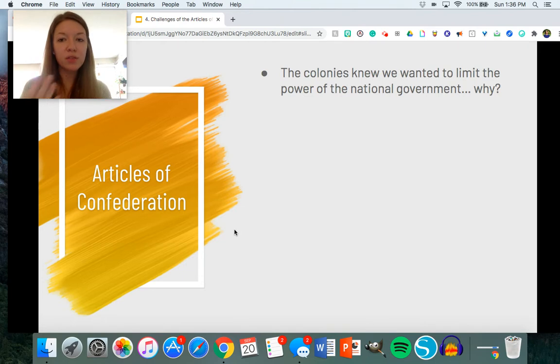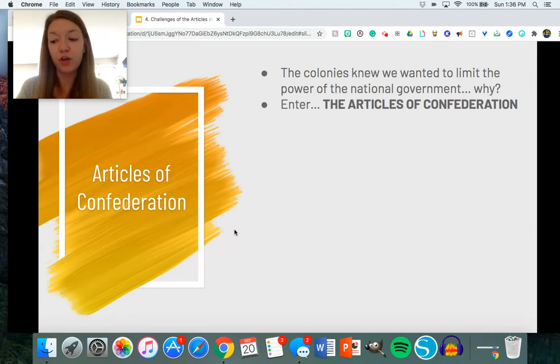As we're making this governing document, we are very reluctant to turn over any but the most essential powers to the national government. We really wanted to make sure that that kind of tyranny, that abuse of power, could never happen again. Now, what we see is the Articles of Confederation.